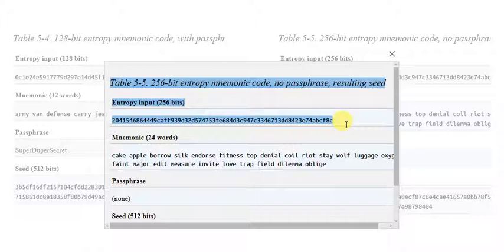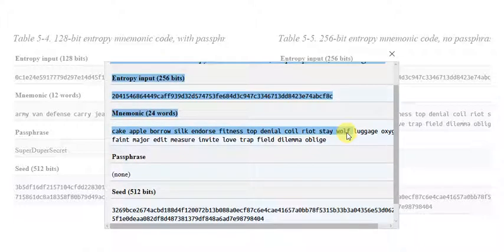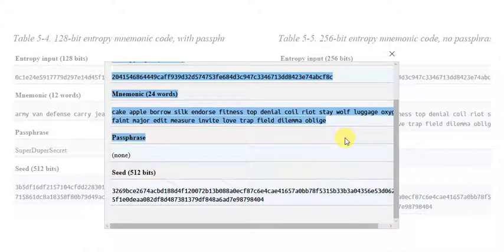Mnemonic, 24 words: cake apple borrow silk endorse fitness top denial coil riot stay wolf luggage oxygen faint major edit measure invite love trap field dilemma oblige. Passphrase: none. Seed, 512 bits.